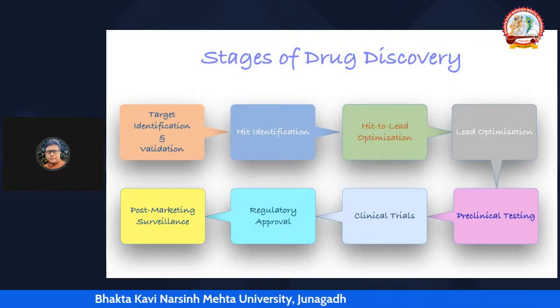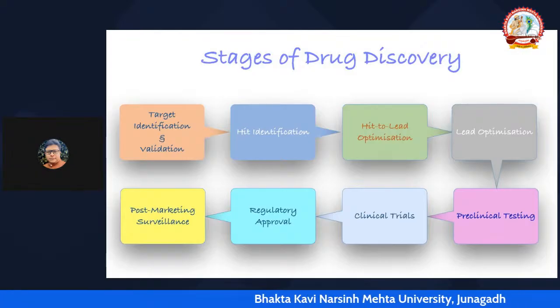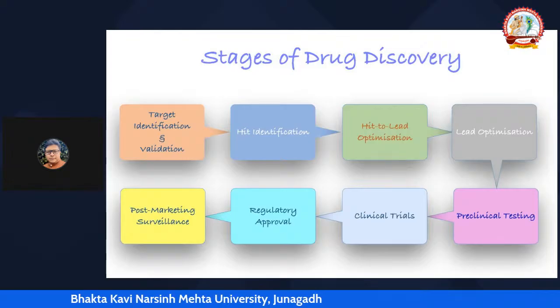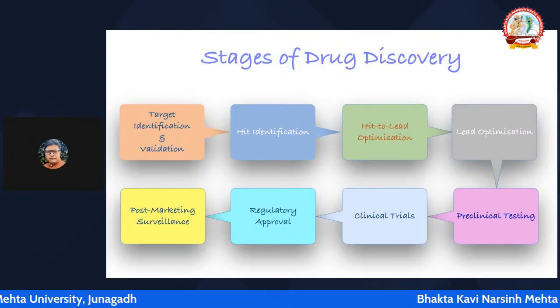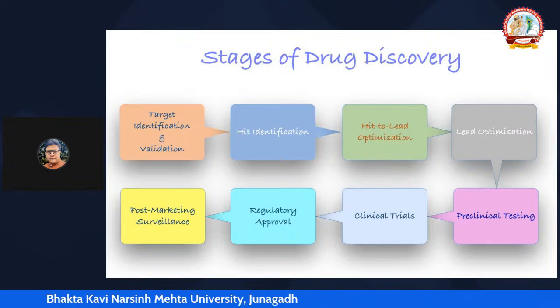Then you will have a cutoff, as activity can be in millimolar, micromolar, or nanomolar. Depending upon the cutoff, you will retain all those compounds that show biological activity in a certain range, and you will remove the others.